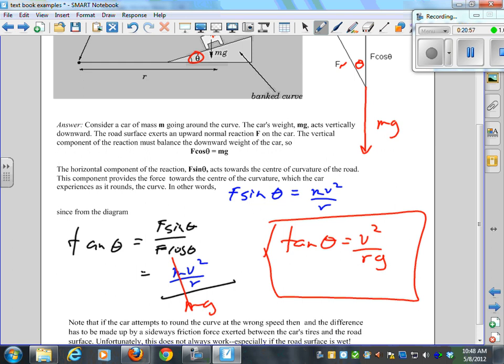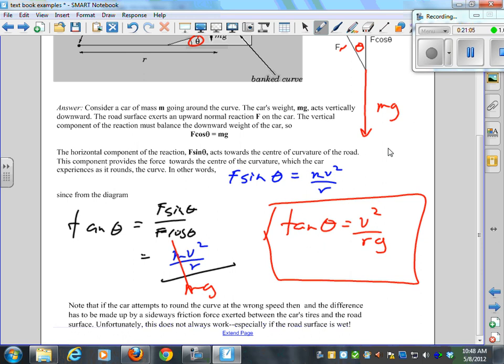Now, note that if the car attempts to go around the curve at the wrong speed, and this is the banked curve, the centripetal force has to be provided by the normal force. Why does that matter?